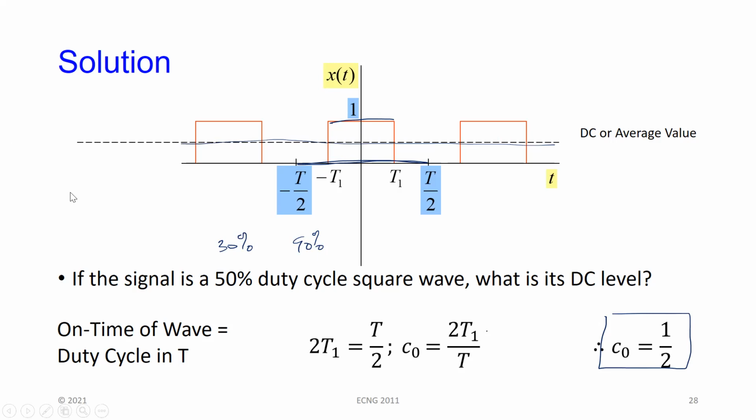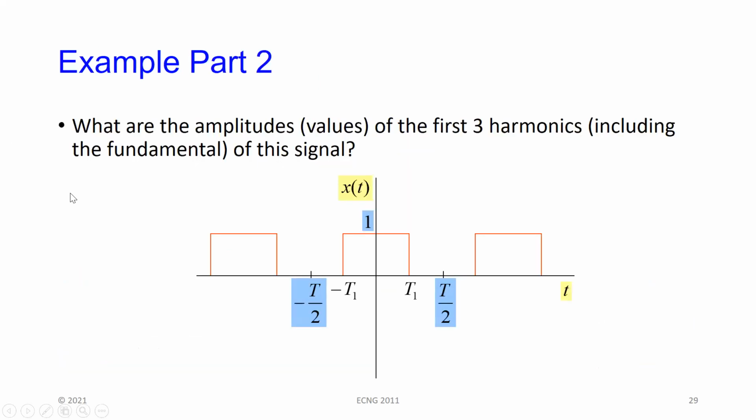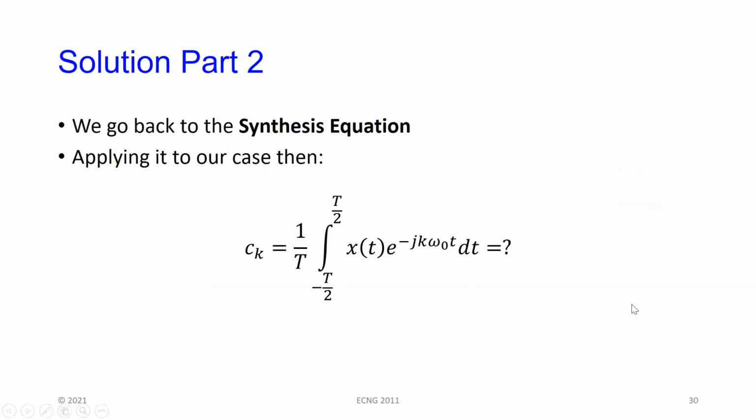What about the rest of the signal? What are the harmonics or the amplitudes of the first 3 harmonics, including the fundamental? So the fundamental will be omega 0. The next harmonic will be 2 omega 0. And the next harmonic will be 3 omega 0. So to do that, we go back to the synthesis equation that we had before. Right, and you now have to do a little bit of extra math in this case, because now we have to do the integration.